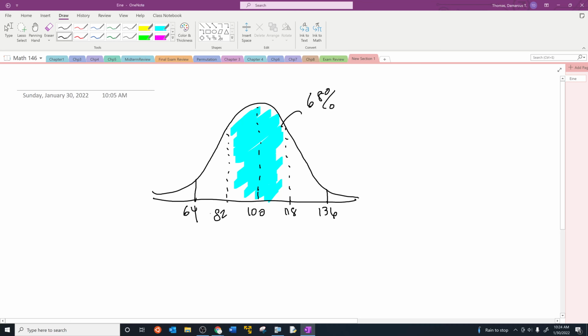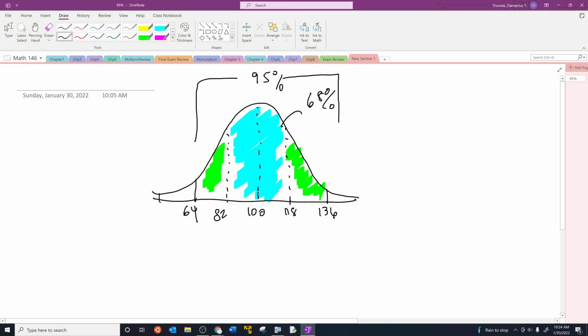Again, if we add 18, we get that. And here we know that within 2 deviations of the mean is 95% of all possible data.